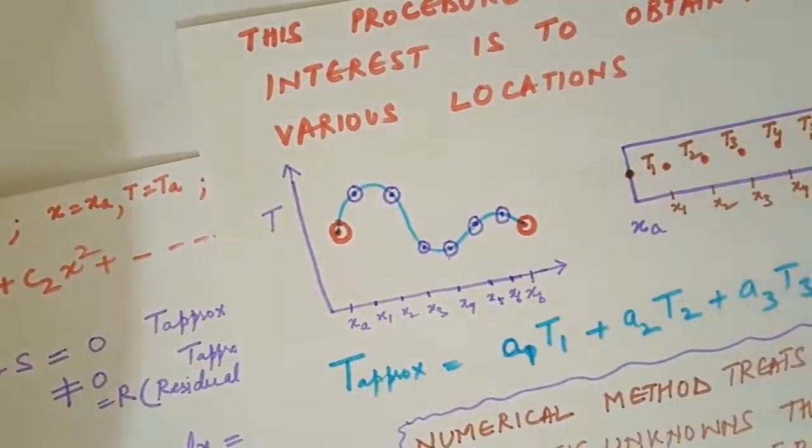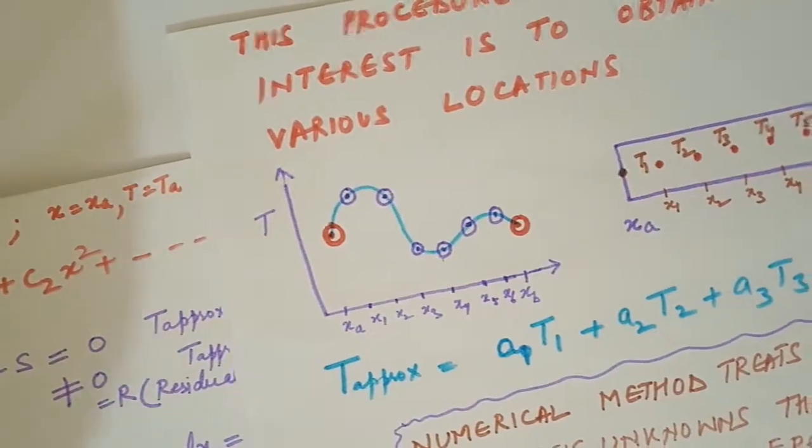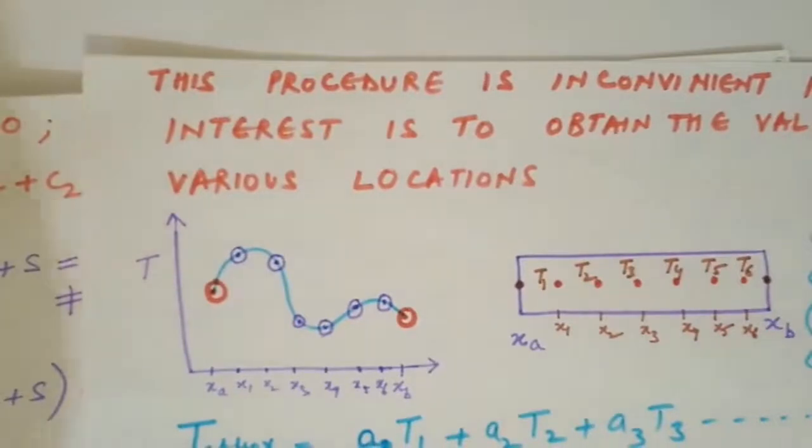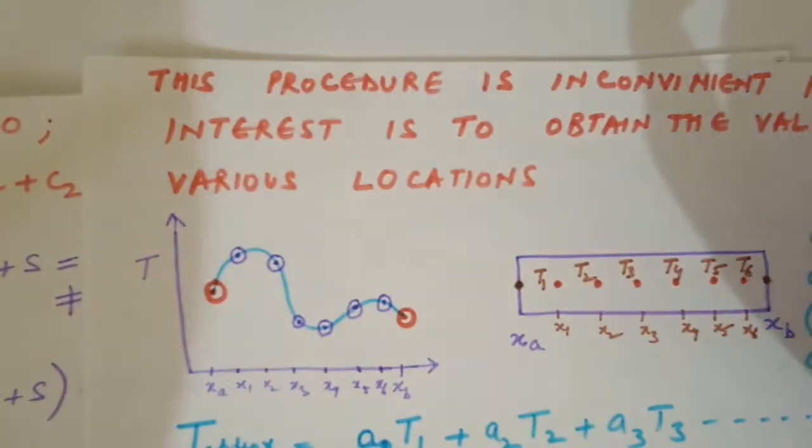So we have actually devised a numerical method that treats as its basic unknowns the values of the dependent variable at a finite number of locations in the computational domain.